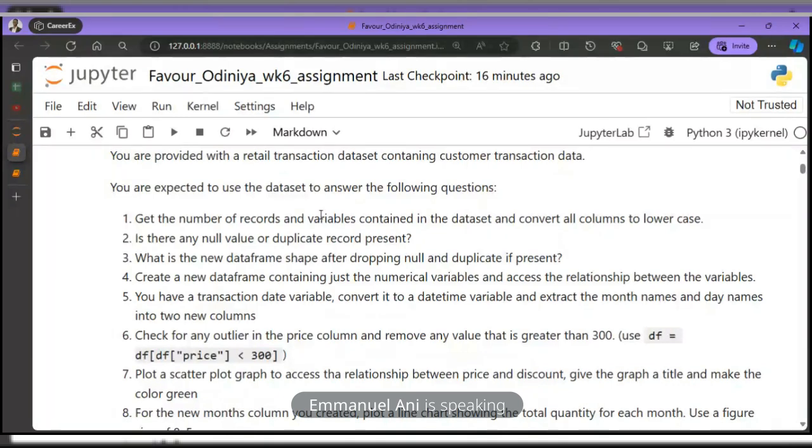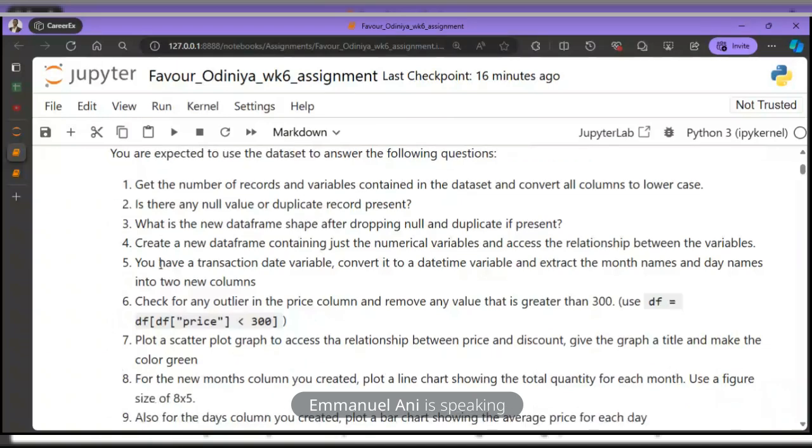So we already have the Pandas one. I also posted the Matplotlib cheat sheet today. If I don't post it today, please class rep remind me again. All right, so I'll do that. All these things are resources that would help you learn. So let's go back to the assignment.